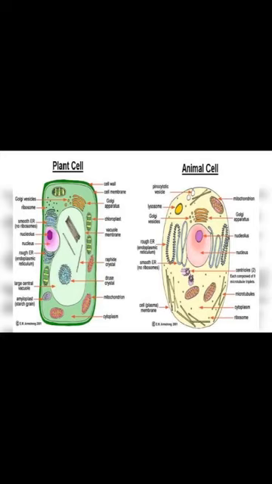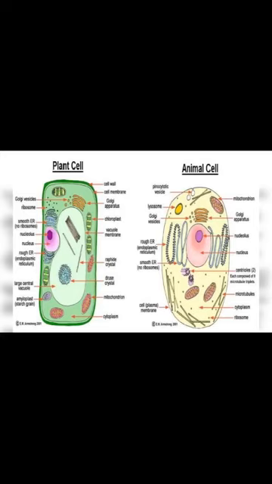Both the cells have plasma membrane. Here, this is the plasma membrane, the black color line. In the plant cells, around the plasma membrane, another extra layer is present, that is the cell wall. You have walls in your houses, no?